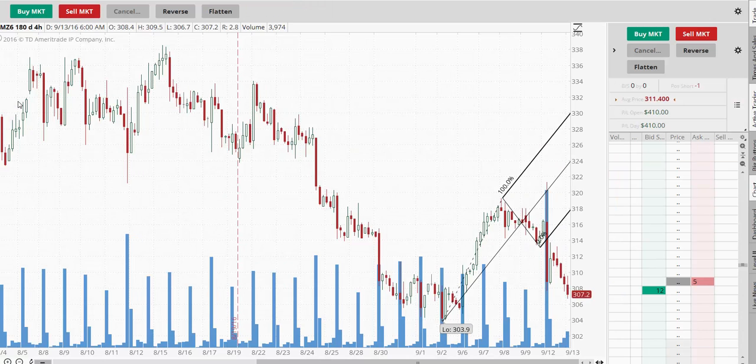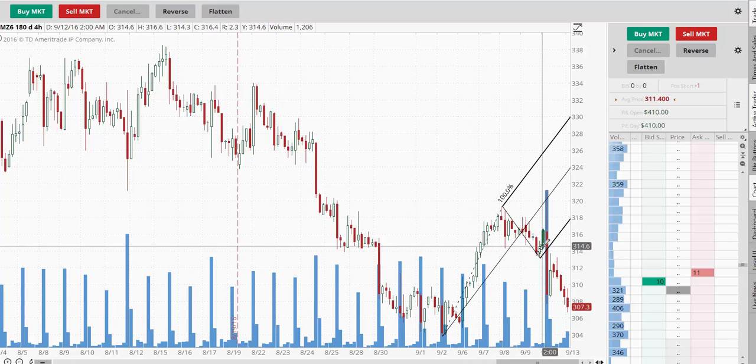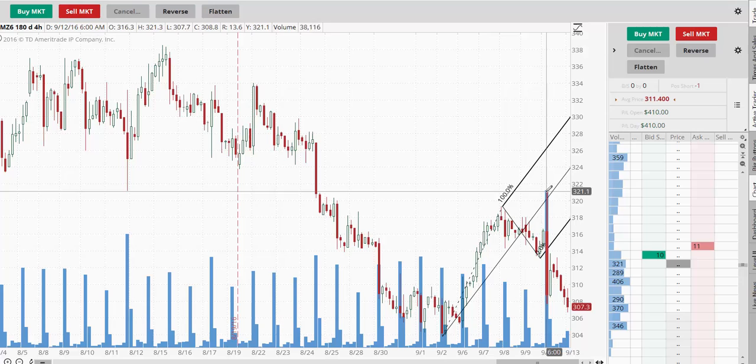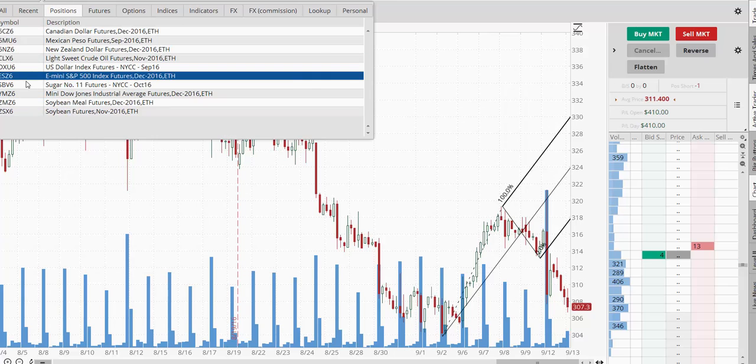Oh, prime example. Here we go. This one, while I was busy doing something else, the market snuck up to here and then reversed. And so I didn't wind up getting in, as you can see, until over here somewhere. So, yeah, there's some real advantages to having it automated.